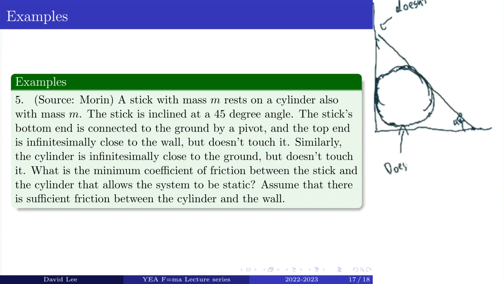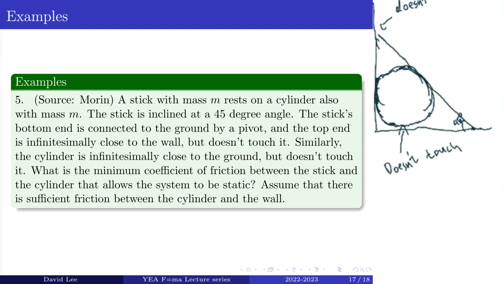Doesn't touch. So this is quite a weird setup, but it turns out that if there is enough friction, the setup can be stable. It's a bit counterintuitive, but it is true.